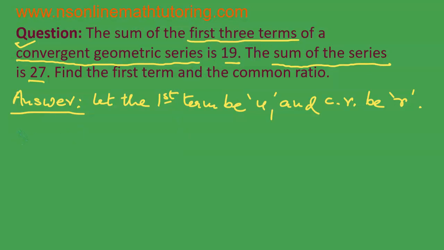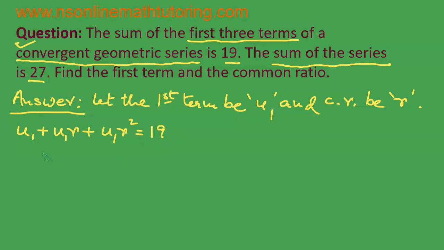So, what is the first term? It is U1. Second term, because the common ratio is R, will be U1 times R, which is U1 R. Third term, U1 R square. So, U1 plus U1 R plus U1 R square is equal to 19.